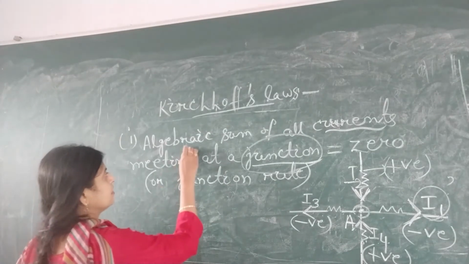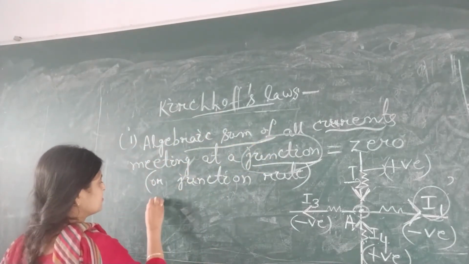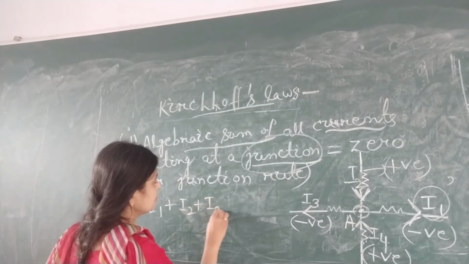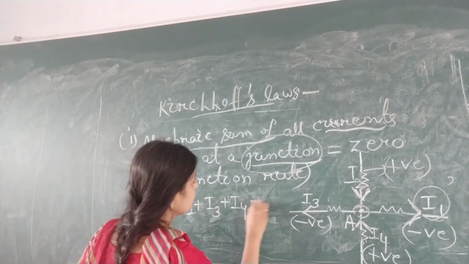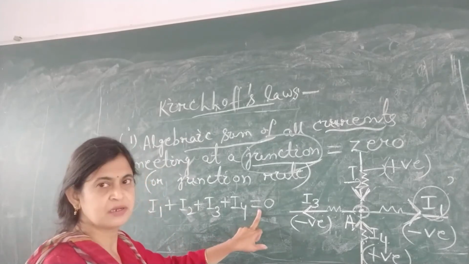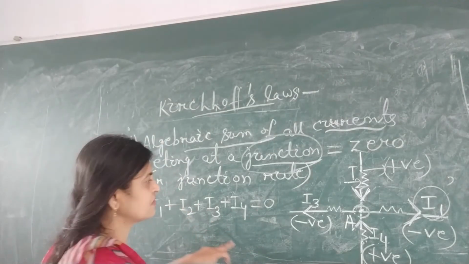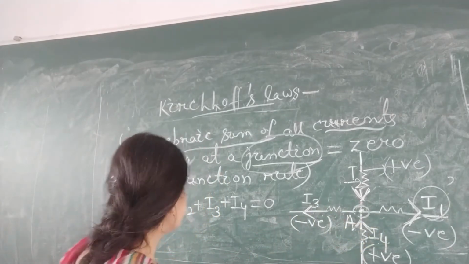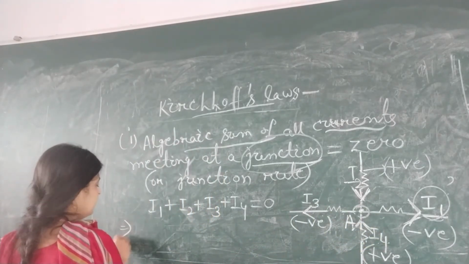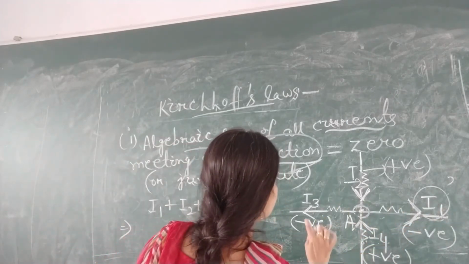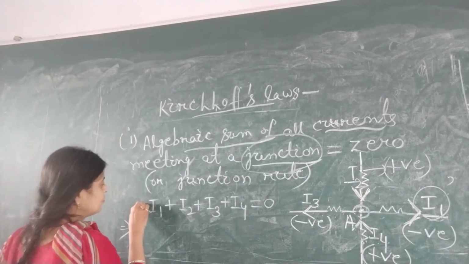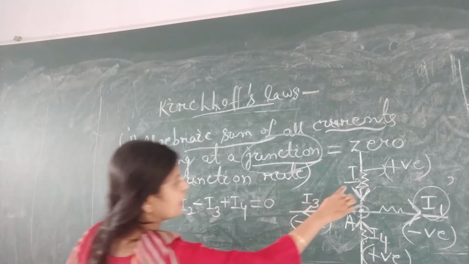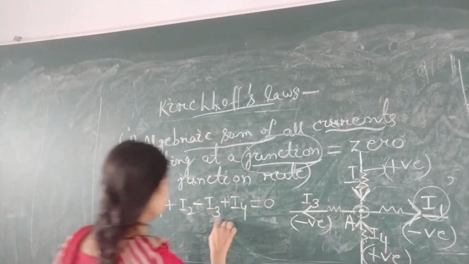So, the algebraic sum of currents, I1 plus I2 plus I3 plus I4, is equal to 0. But you have to use your sign convention. That's why you can write: I1 and I3 both are negative, so minus I1 and minus I3. I2 and I4 are positive.